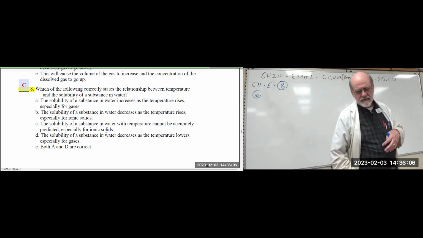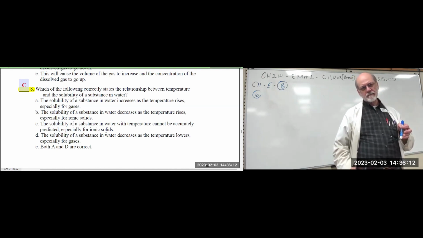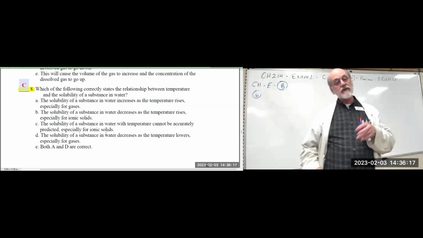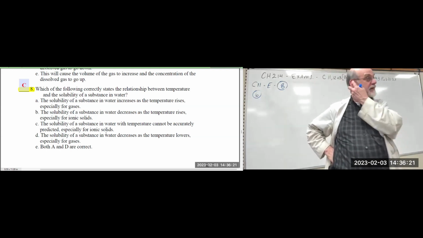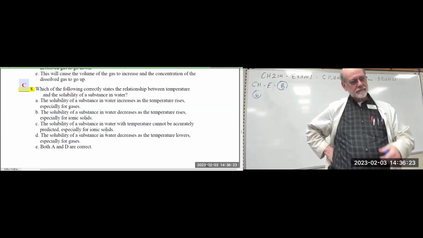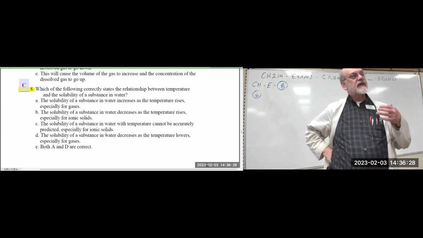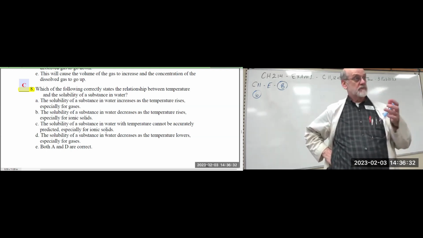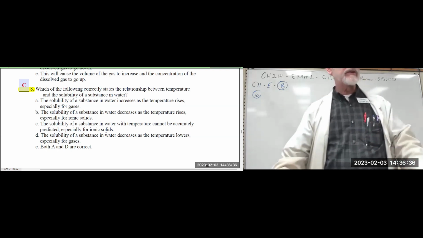C, the solubility of a substance in water with temperature cannot be accurately predicted. Well, yeah, that's true, because some solids are less soluble as the temperature goes up. And we've not been able to develop a theoretical explanation for why that is. There have been some proposals, but still it's an empirical observation.